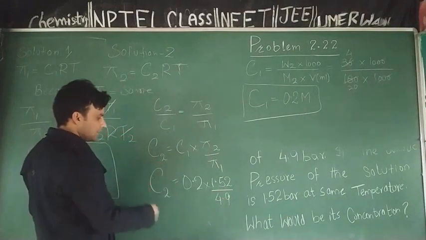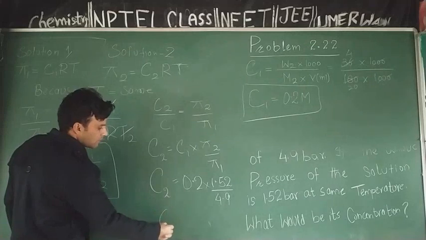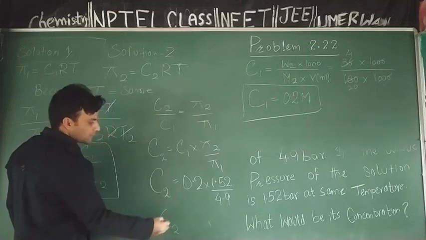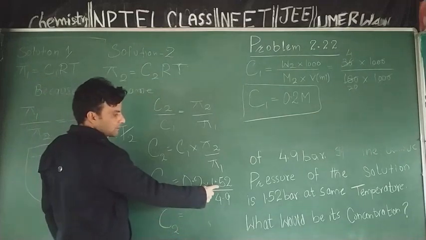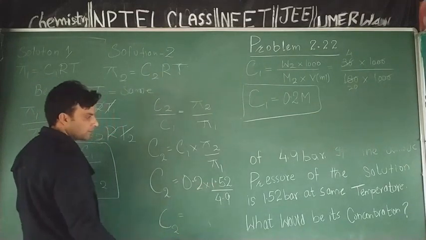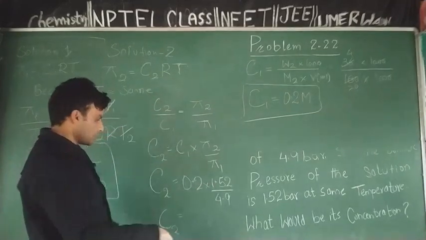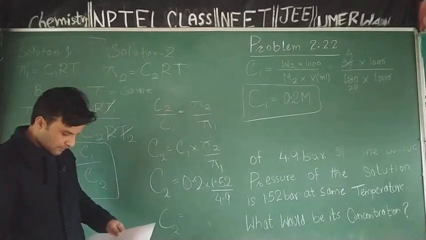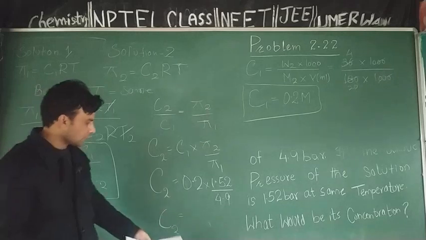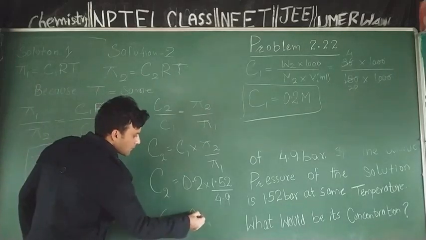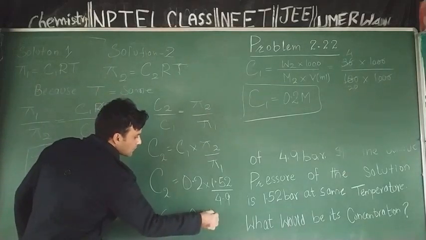From here I will get value of molarity of solution of glucose when its solution has osmotic pressure equal to 1.52 bar, and exact value comes equal to 0.06 molar.